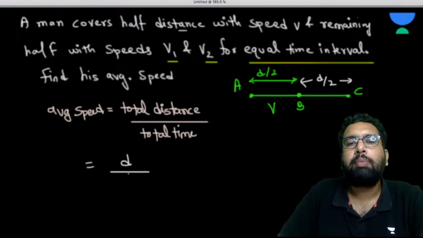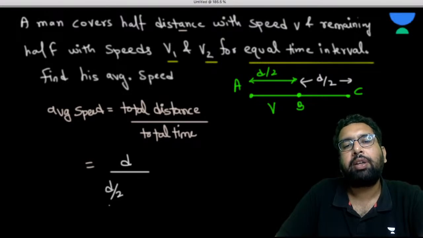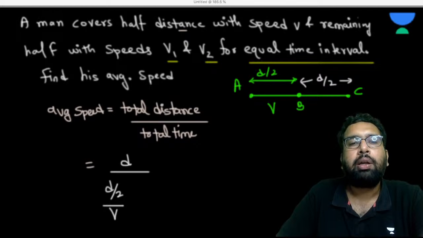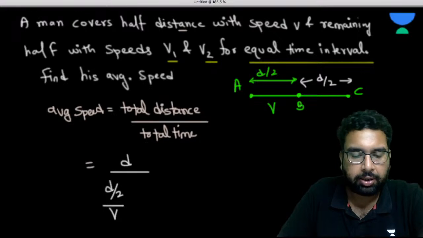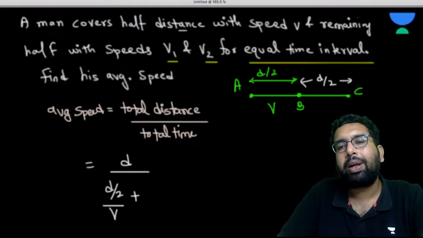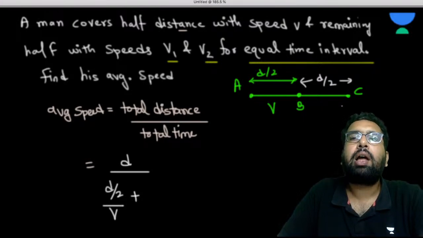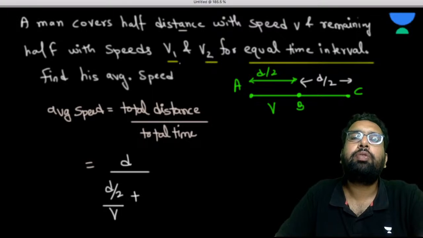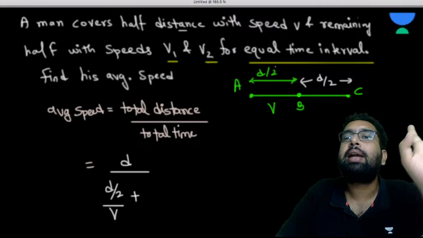What is the total time? The first half is traveled at a velocity v, so the time is going to be d by 2 upon v, distance upon speed. Plus, now it says the second half is traveled with two speeds v1 and v2 for equal time intervals.